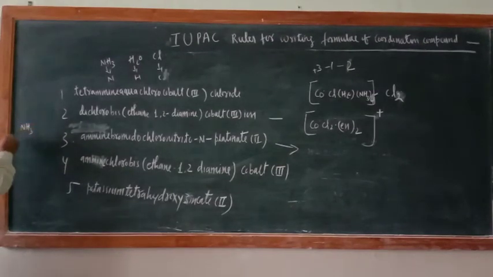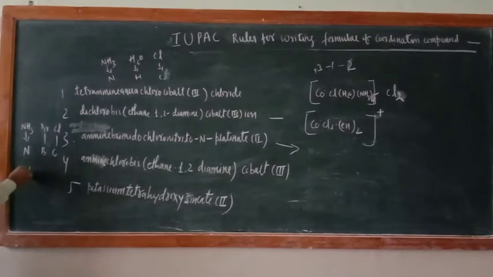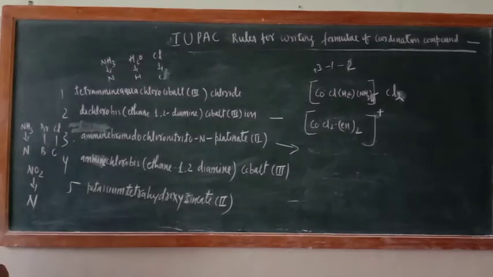Amine means NH3, defining atom is N. Then bromido, Br, B. Then chloro, Cl, C. Then nitrito, N. So NO2, here N.